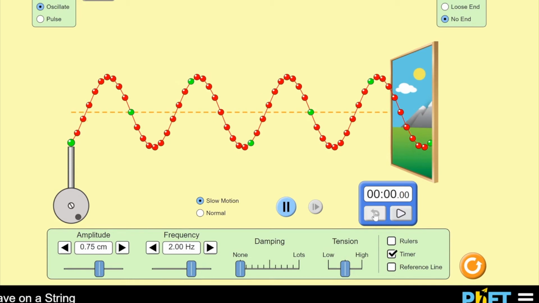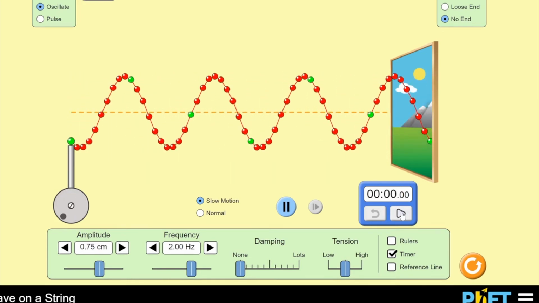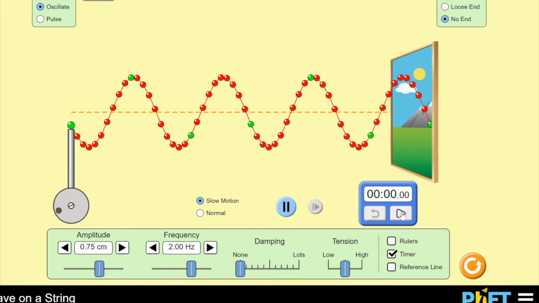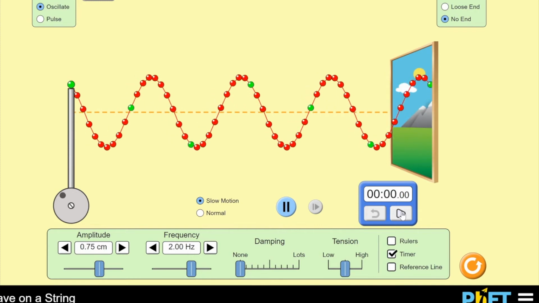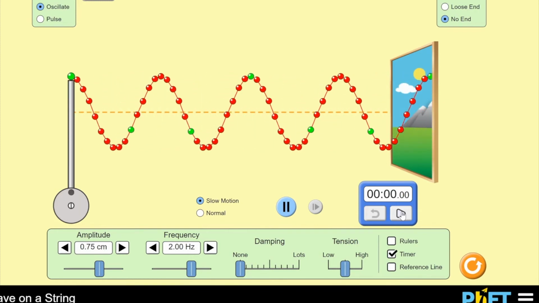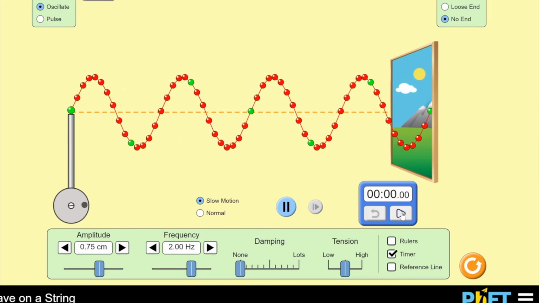In fact, I'll stop it, and when it gets to the top, I'm going to press start and say start, and then count how many cycles are produced in 10 seconds.